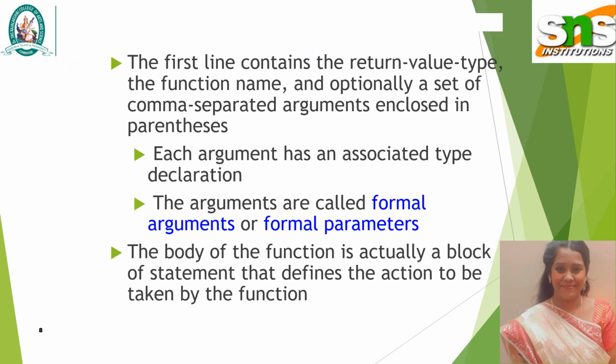The first line gives the return type of the function, the function name, and optionally a set of comma-separated arguments enclosed in parentheses. Each argument has an associated type declaration. The arguments are called formal arguments or formal parameters. The body of the function is a block of statements that defines the action to be taken by the function.